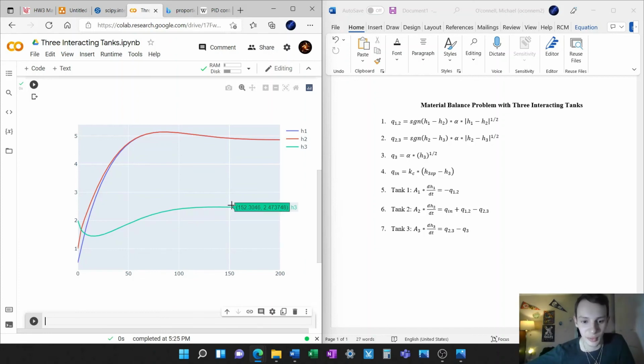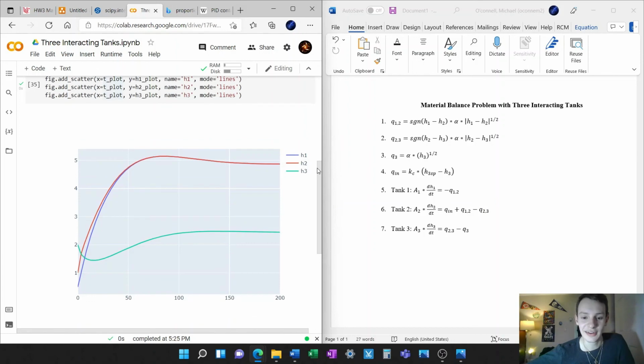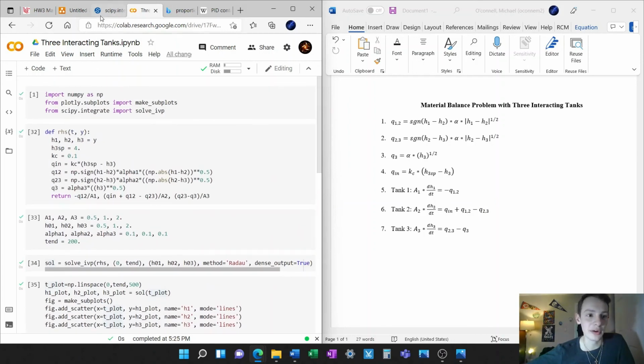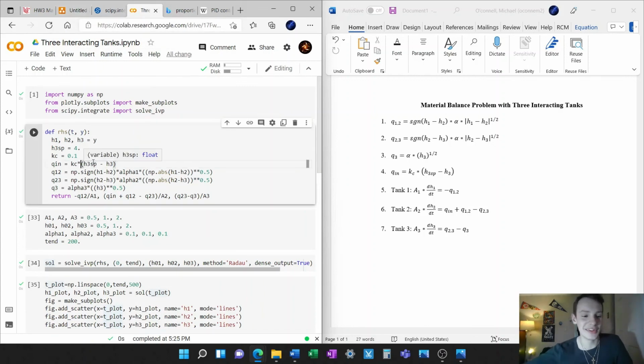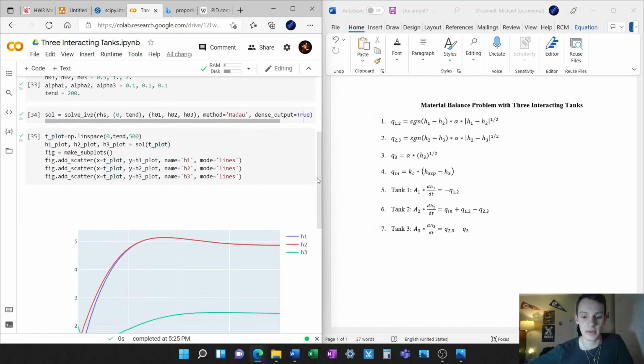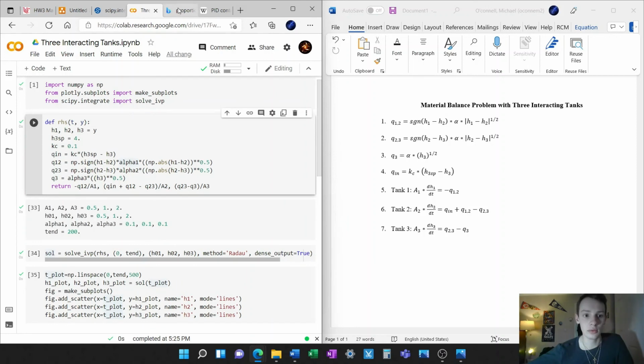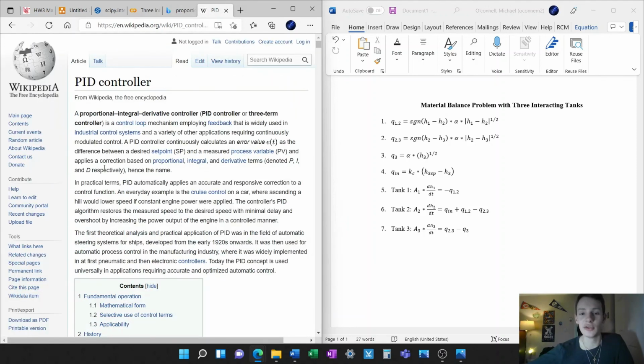I mean, 2.47 is our height in meters for the fluid in tank 3 when our set point is 4. I mean, you can always cheat and put in values to change that a little bit in your equation, but that's not going to be helpful. In the real world, you're going to want to use a PID controller, and that will get you to your set point, which is really cool.